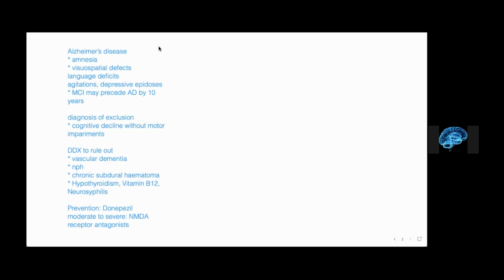Does anyone have any questions? Is it donepezil specifically that you give to the patients, or is it any cholinesterase inhibitor? It's mostly donepezil. Different cholinesterase inhibitors have different blood-brain barrier penetrance levels, and donepezil is usually used because of its CNS penetration to help with that.